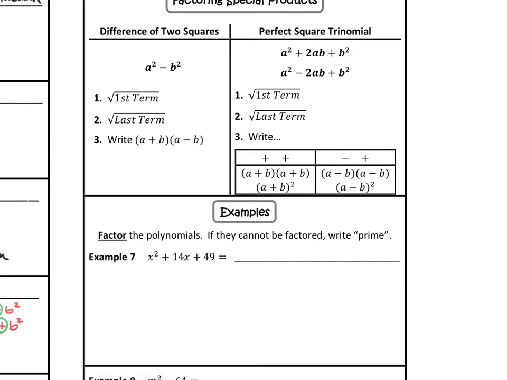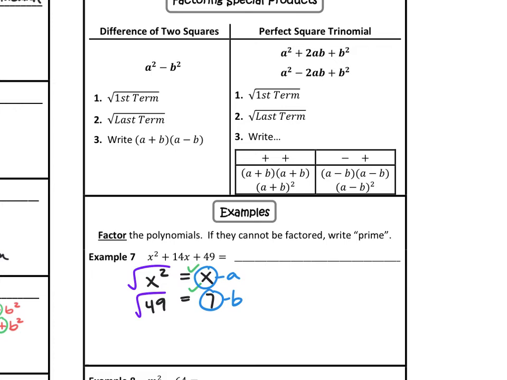Then we're going to check, can I square root the x squared? Yes, that becomes x. Can I square root 49? Yes, that becomes 7. So this is like my A and my B.